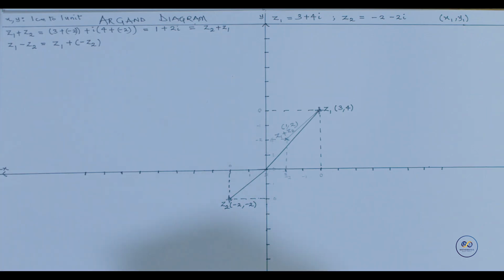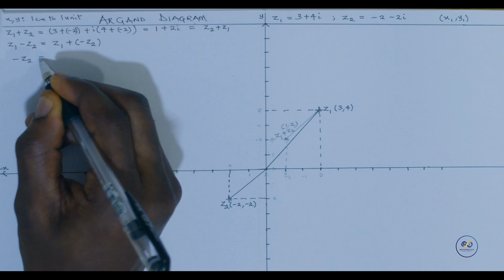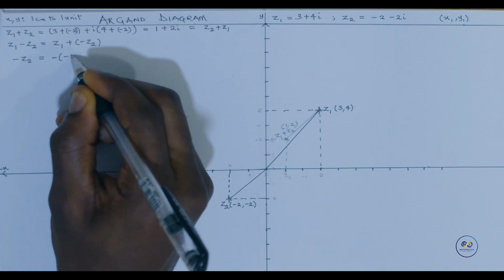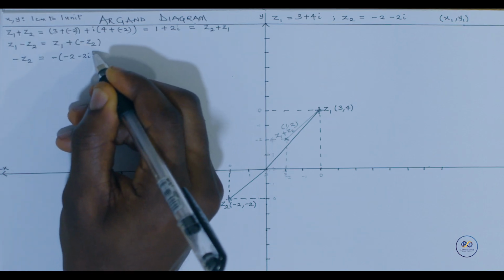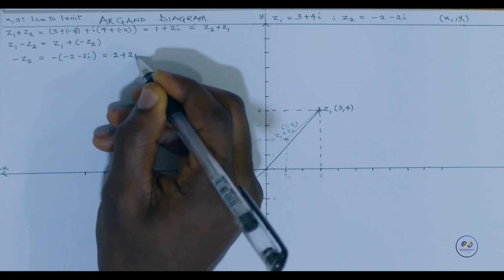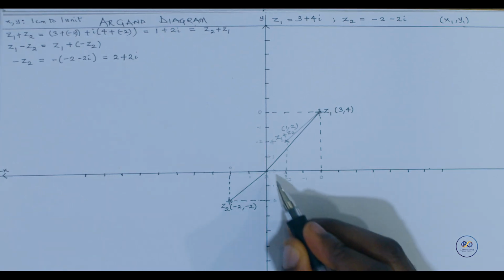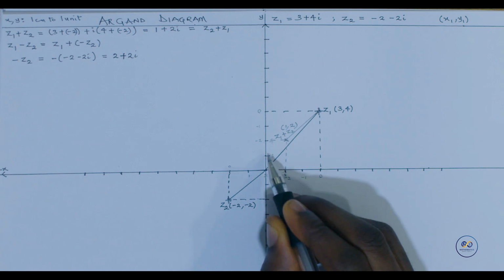So if we were to take the negative of Z2, what would we have? The negative of Z2 would be the negative of minus 2 minus 2i, which would simply be 2 plus 2i. That would be the value of minus Z2. And if we were to plot that, don't forget, this is 1, 2, this is 1, 2.